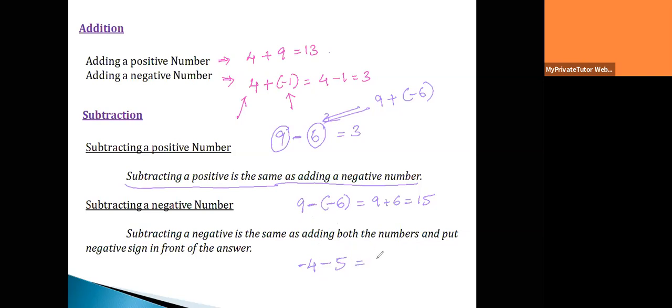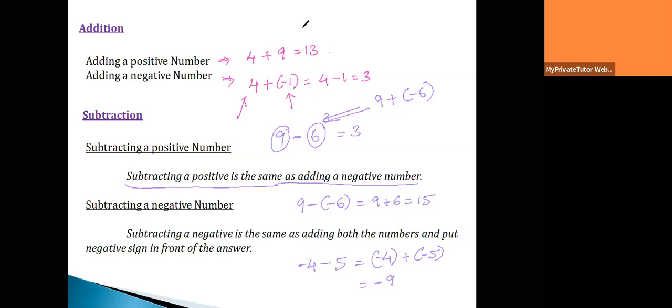We can also write this as minus 4 plus minus 5. So if we are adding or subtracting negative numbers, we have to add because the signs are the same. The signs are the same here. Both are negative. So we have to add 4 plus 5 is 9, but we have to put a negative sign in front of the number.